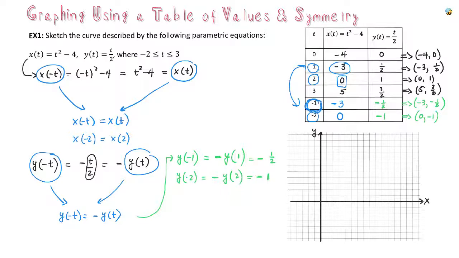Let's go ahead and begin plotting the points. The largest x value that I have is 5, and the smallest x value that I have is actually negative 4. So I'm going to go 1, 2, 3, 4, and 5 right here. 1, 2, 3, and 4.